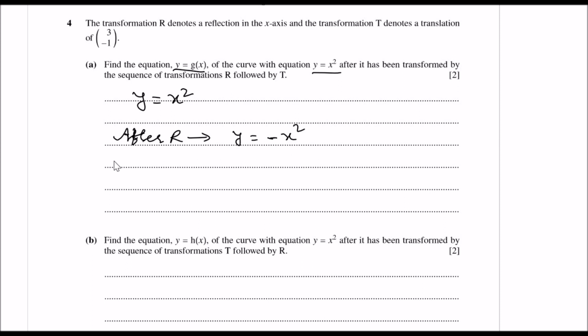Okay. Now we'll apply translation. So after T, applying the translation, that becomes y equal to minus as it is, and it is being translated by 3 to the right. So that means here in the bracket comes x minus 3 whole square, and minus 1 means 1 unit down, so minus 1.